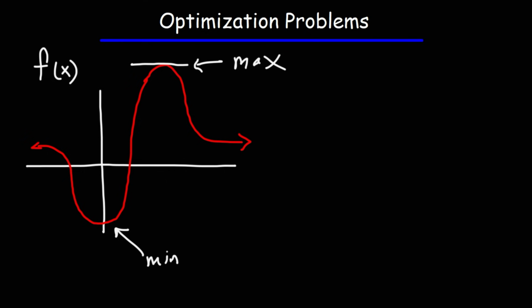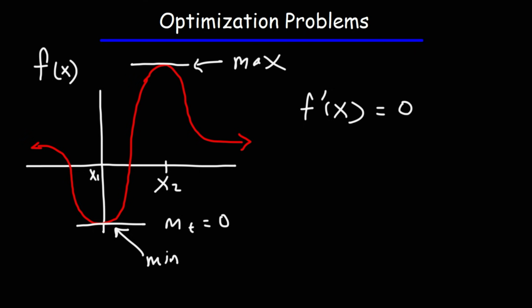At the maximum value and at the minimum value, the slope of the horizontal tangent line is 0. Therefore, to find the location of a maximum or a minimum, what you need to do is take the first derivative of the function, set it equal to 0, and solve for x. And you're going to see this in action as we work on problems. So let's go ahead and do that.